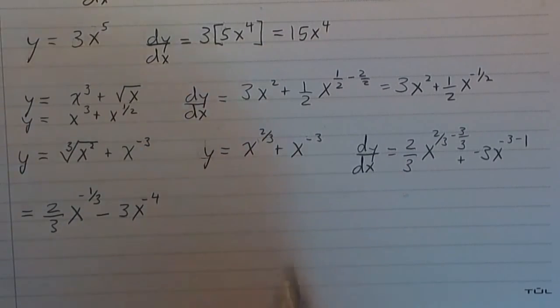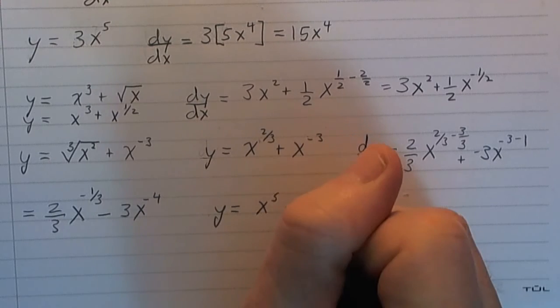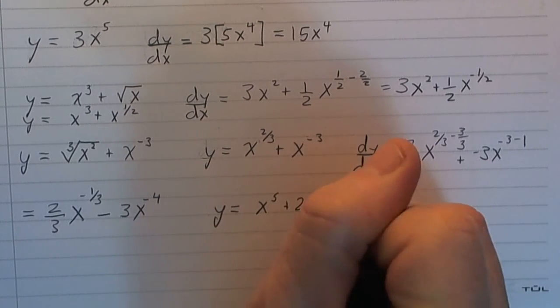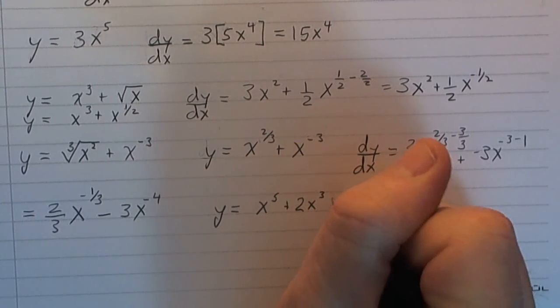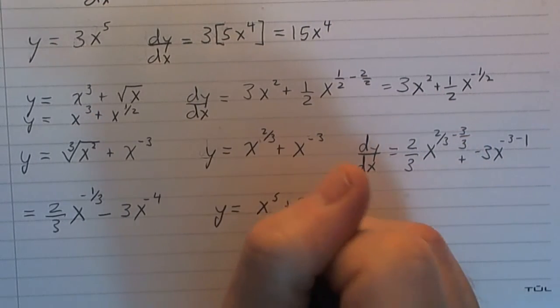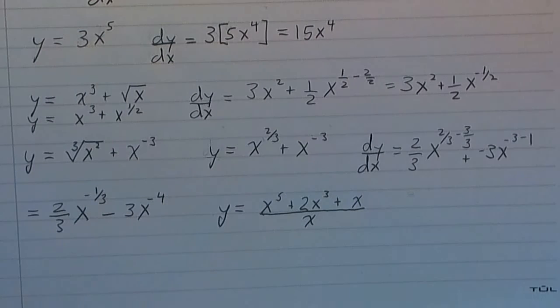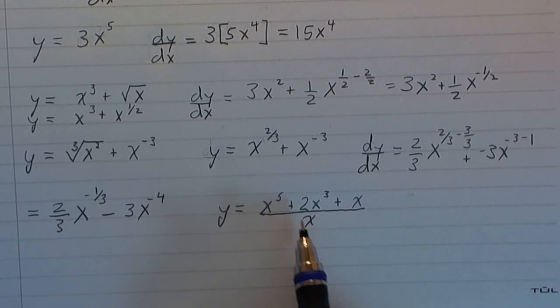Okay? Now, let's look at this one. Let's suppose we've got x to the 5th plus 2x to the 3rd plus, let's say x. And let's suppose we're dividing that by x. So now we have this quotient here. Well, it doesn't look like any of our properties will work on that, right?